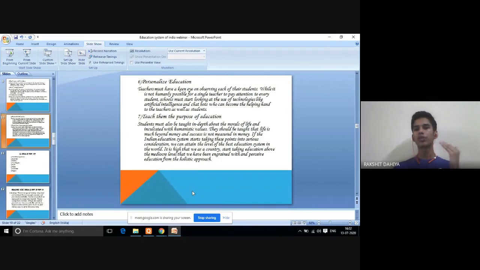So we should be taught different types of moral values, because if we just move with money, this will not work. Our relations with our family members will not be good, because we would be in anger every time, and that would create chaos while we are with our family, because there's a lot of tension going on in our mind about money.